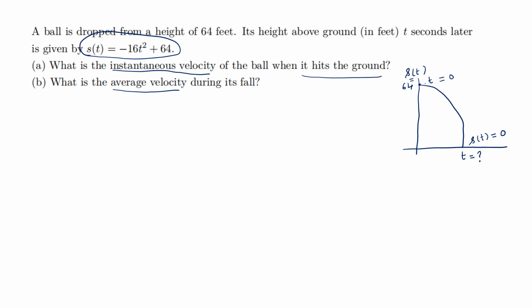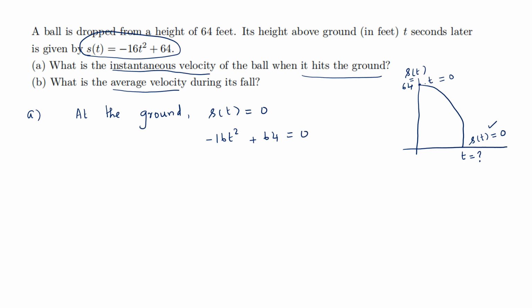So here t equal to 0 is the starting time. And what is t in the ending time? We have to find out using the condition s of t equal to 0. So at the ground level, s of t equal to 0 means minus 16t square plus 64 equal to 0.